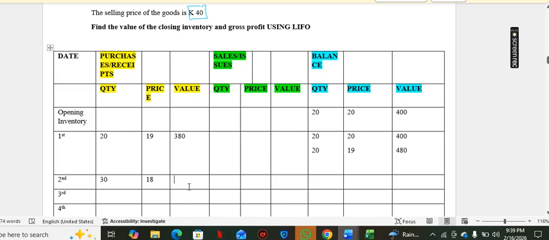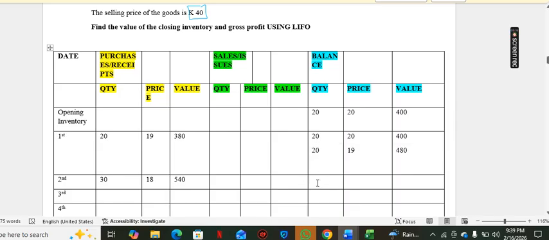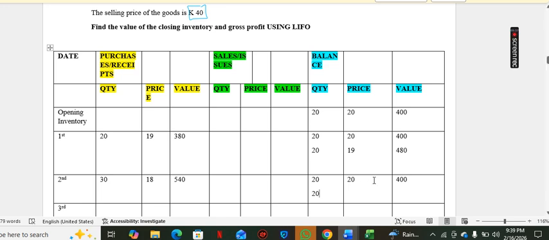Our purchases expense is 30 times 18, 540 kwacha. Again, when there is a purchase, this is where we are separating. 20 units valued at 19, excuse me, 18.